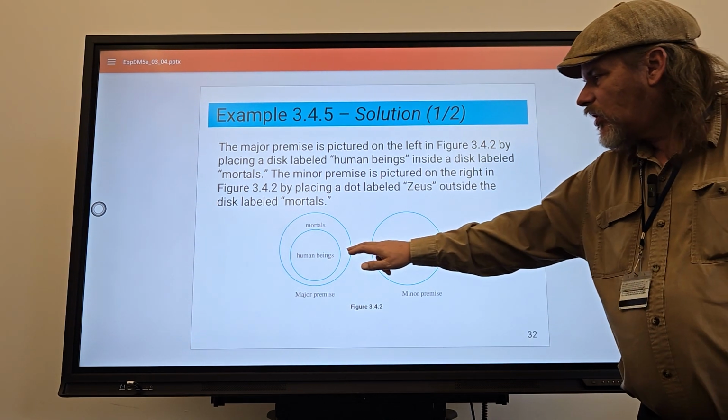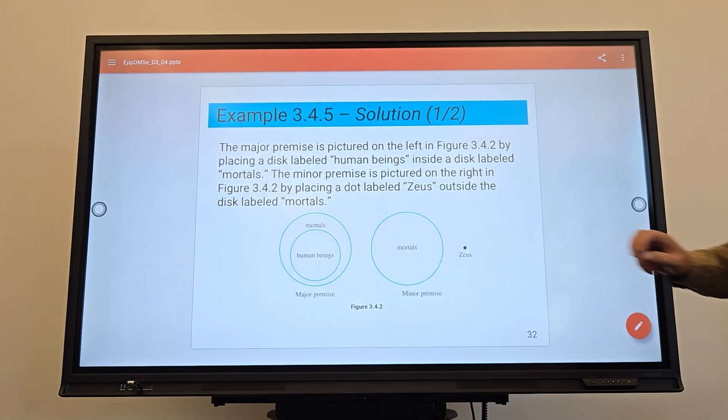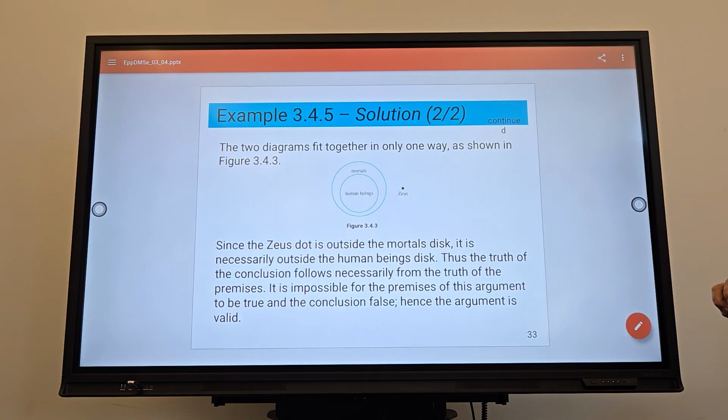Since all human beings are in the mortals disk, Zeus cannot be in the human beings circle. So basically the dot is outside the mortals disk. It is necessarily outside the human beings disk. Thus the conclusion follows necessarily from the truth of the premises. It is impossible for the premises of this argument to be true and the conclusion false, hence the argument is valid.